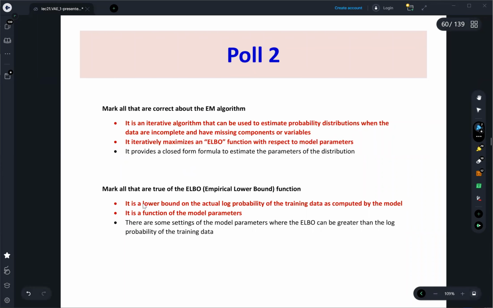And this empirical lower bound is itself a lower bound on the actual log probability of the training data as computed by the model, so it's going to be a function of model parameters. And it's a lower bound, so it can never be greater than the log probability of the training data, right? Everybody with me so far?